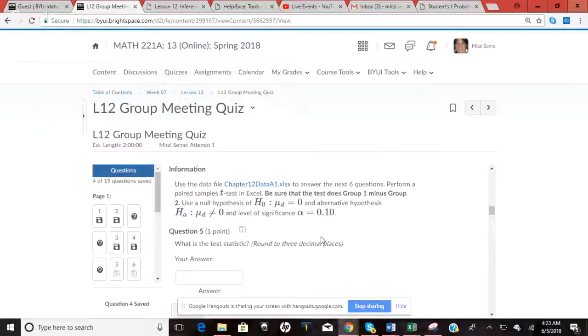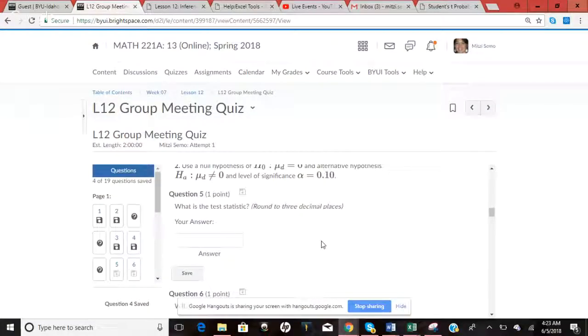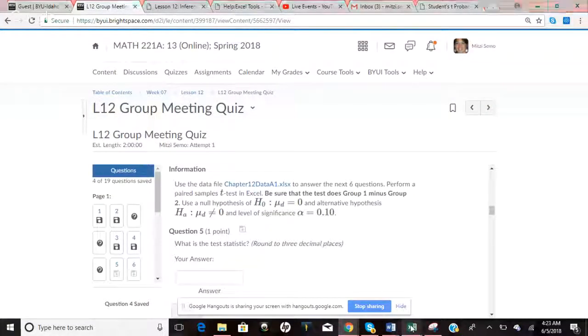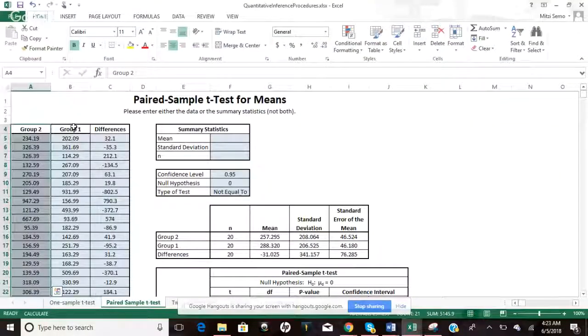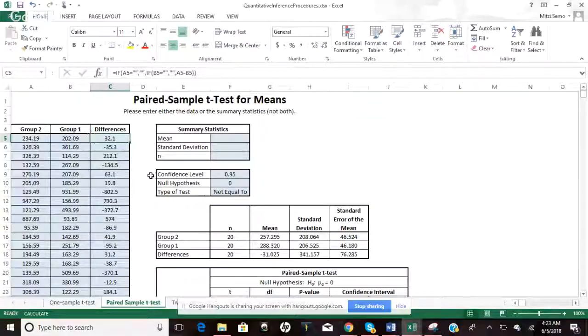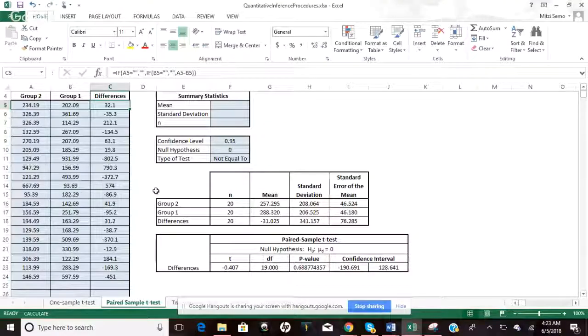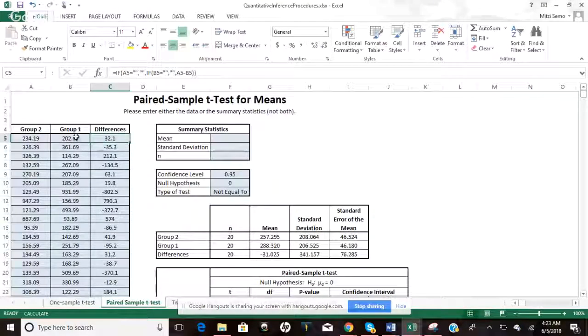But it says it's got to be group 1 minus group 2, and I did it the opposite way. So for that, I got 0.407. I just got to switch mine around quickly.